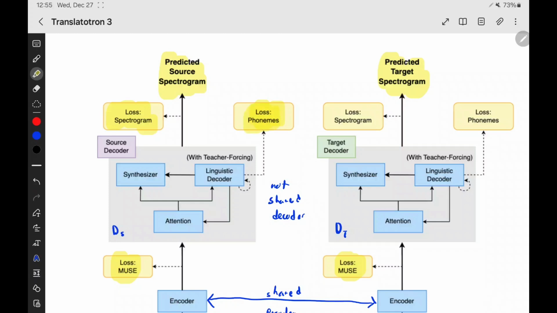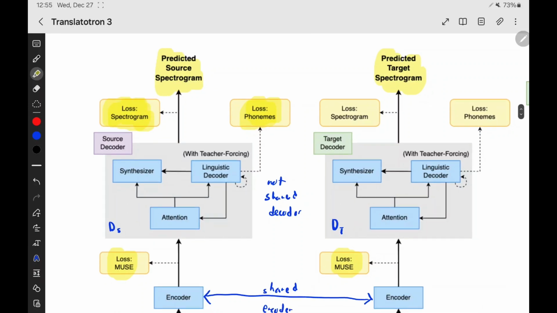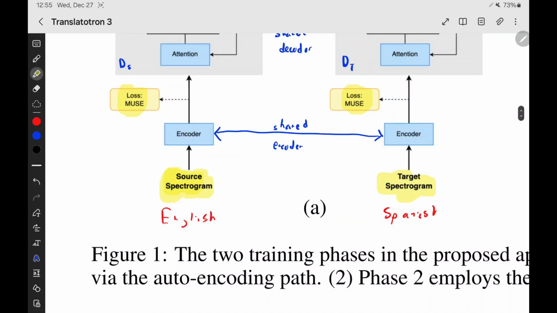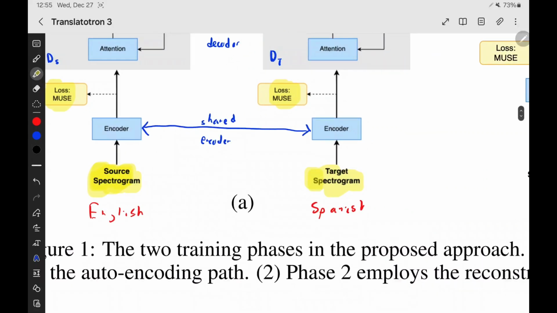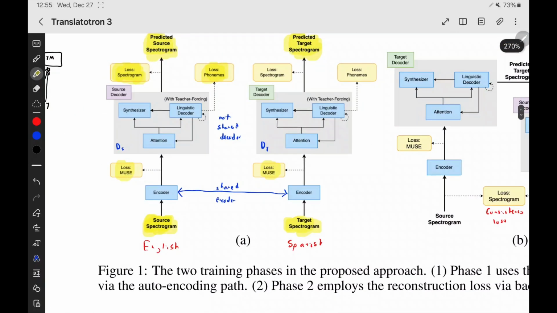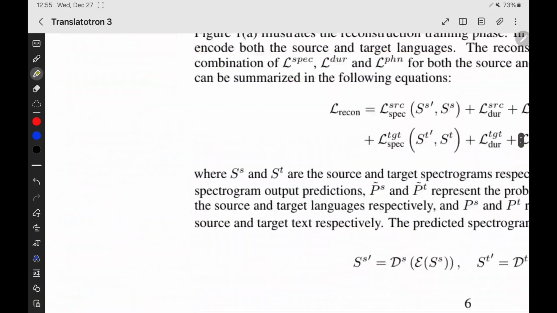So you already have those phonemes. You can have a loss for those. That's just normal cross entropy loss, and this is just normal L2 loss between the spectrograms. And here you basically train one model to reproduce the source spectrogram and one model to reproduce the target spectrogram. And these are just Translatotron 2 models.